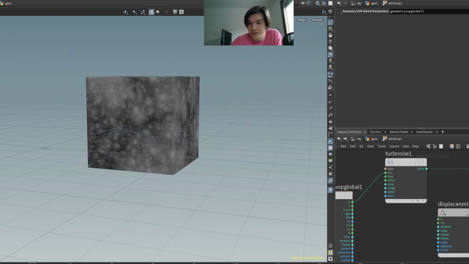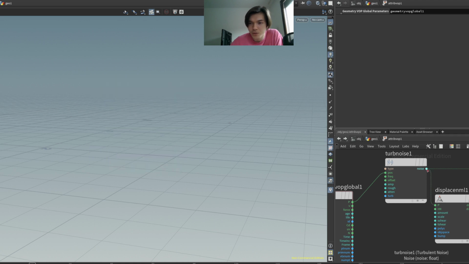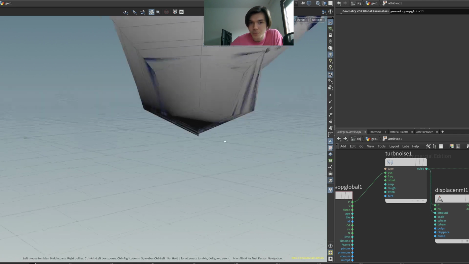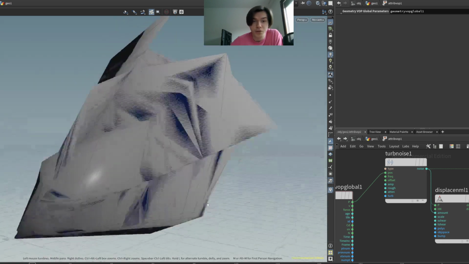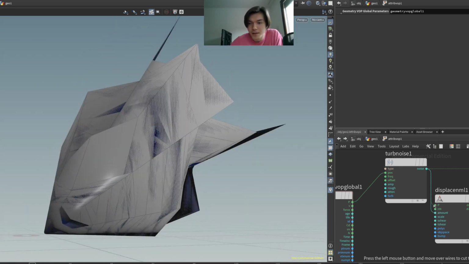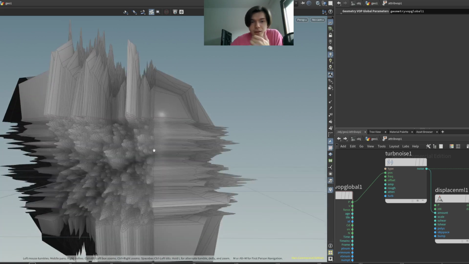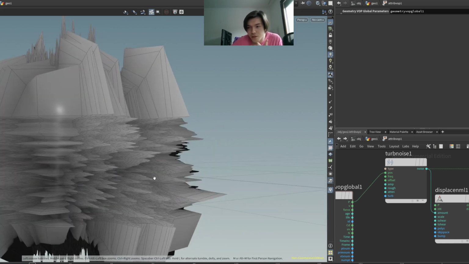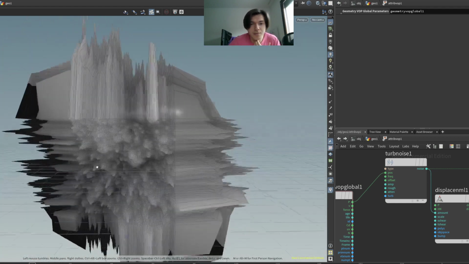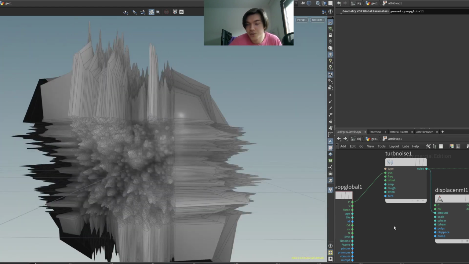I see. So the noise just goes into the amount, and then it would actually already do something, but definitely not into the P. Okay, so the P is not of importance here. Okay, that is nice.